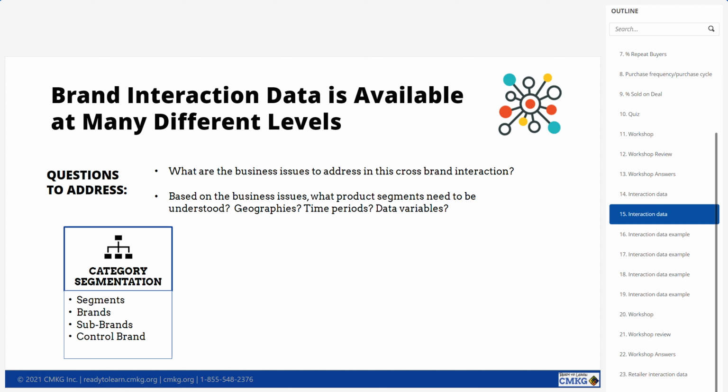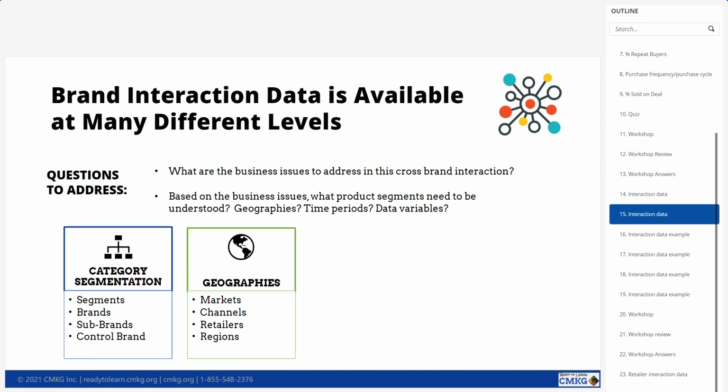For example, if the project includes an assessment of control brands, rather than just having a total control brand number, there may be an opportunity to break out different control brands by retailer to get a much deeper insight into the interactivity between brands. Geographies can be broken out at a total market level, or channel, retailer, and/or regional break.